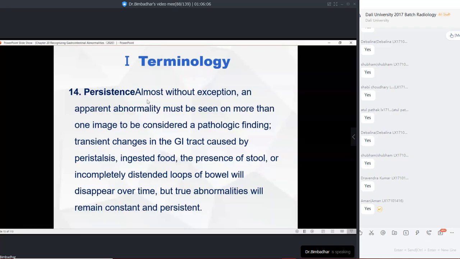Even though I have stayed for a long time and patiently taken many images, GI tract changes from peristalsis, ingested food, stool and distension do not cause any change in the pathology.